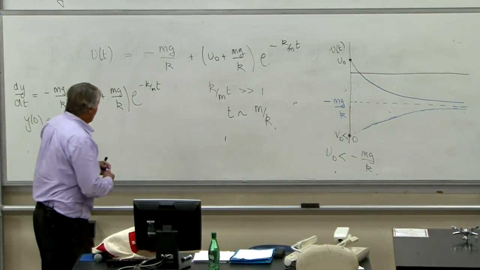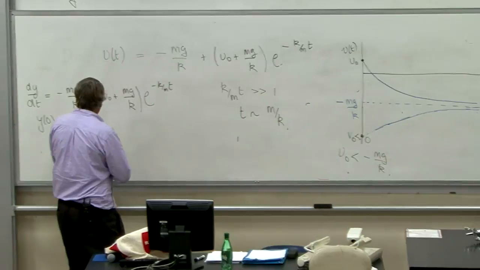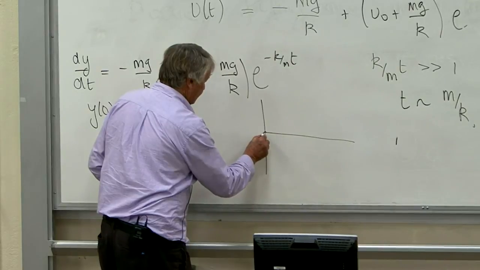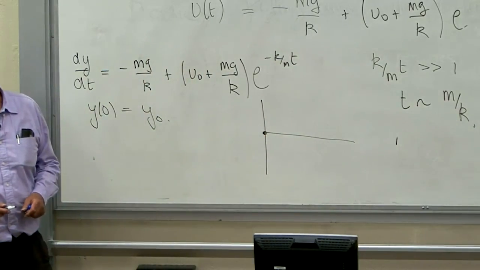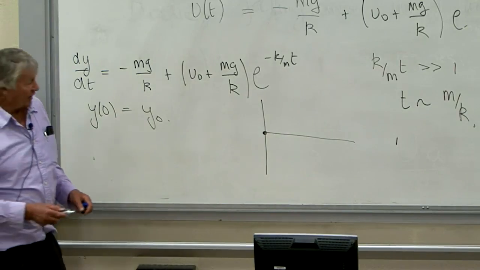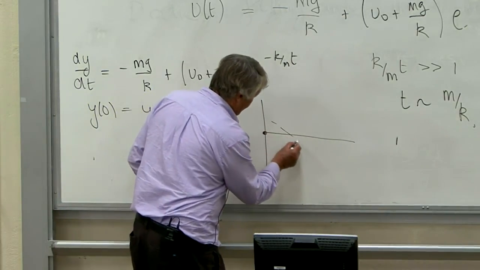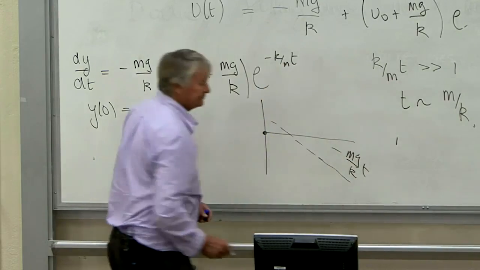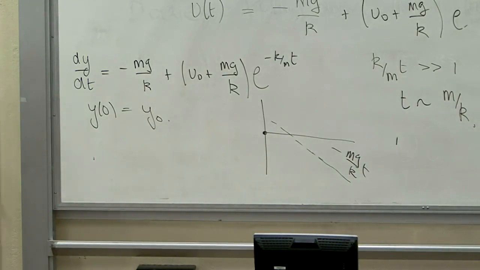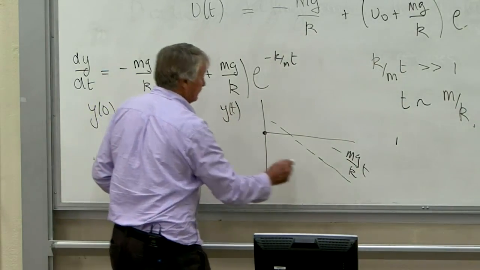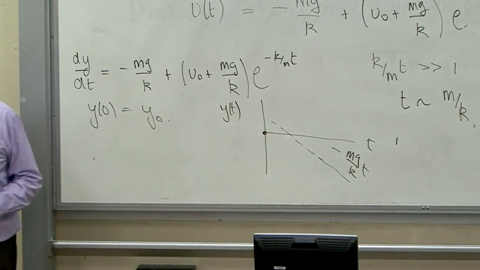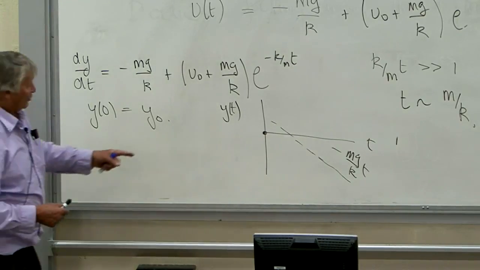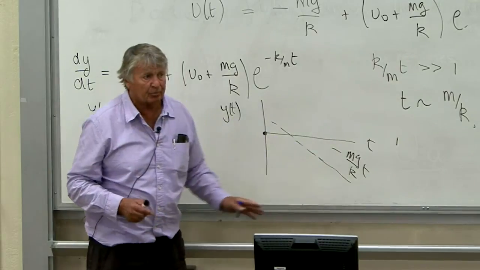I want you to draw the graph of y. We start, say, at 0 position. I know I'm going to end up falling at a speed, so there'll be a minus mg over k t in my answer. So this is y of t versus t, and I'd like you to draw what it looks like approximately and explain what you get.